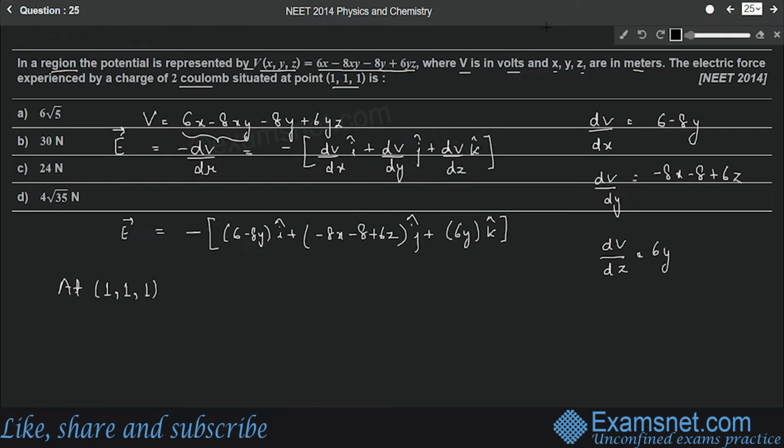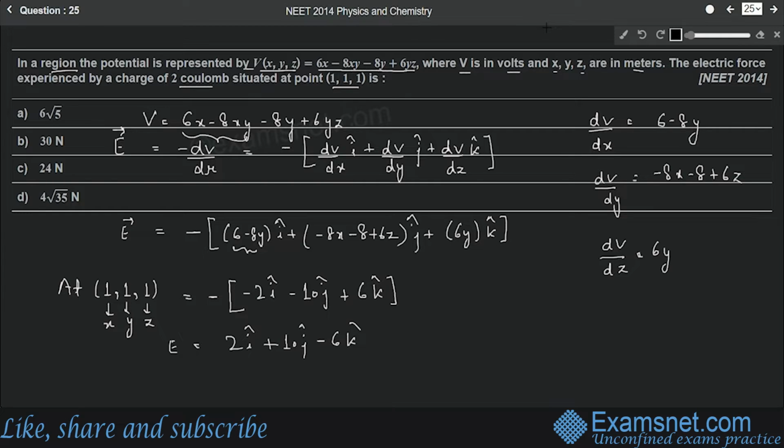That means at this point the value of x is 1, the value of y is 1, and the value of z is also 1. So let's put these values here. Minus (6 minus 8y), that means minus (6 minus 8), which is minus (minus 2), so minus minus 2 i cap. Similarly, this side we have minus 10 j cap, and this side plus 6 k cap. Now if we remove the minus and the brackets, minus minus becomes plus. So 2 i cap, again minus minus plus 10 j cap, and minus plus minus 6 k cap. Okay, so this is the value of vector E.